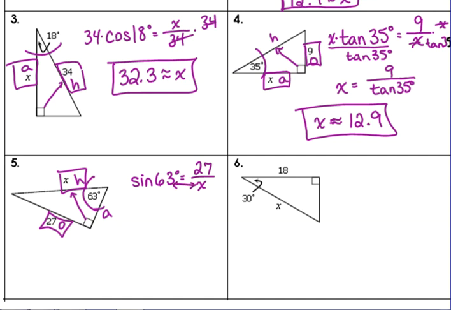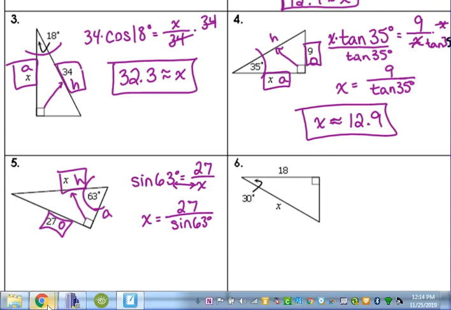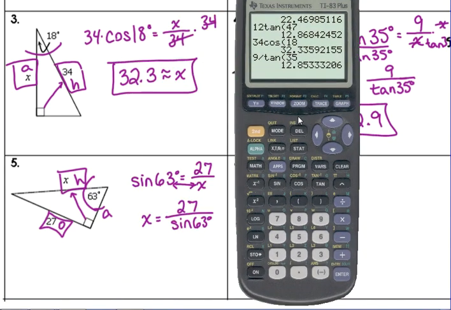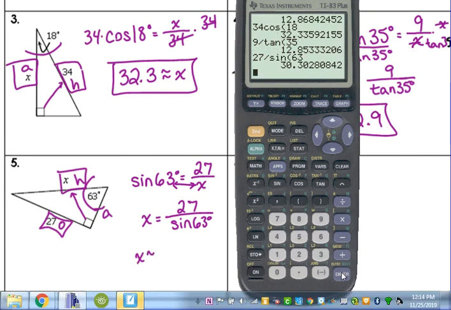It goes the same way every time. You're going to multiply by X, and then you're going to turn around and divide by the trig. So just go ahead and switch places. X is equal to 27 over sine of 63. X is approximately 30.3.